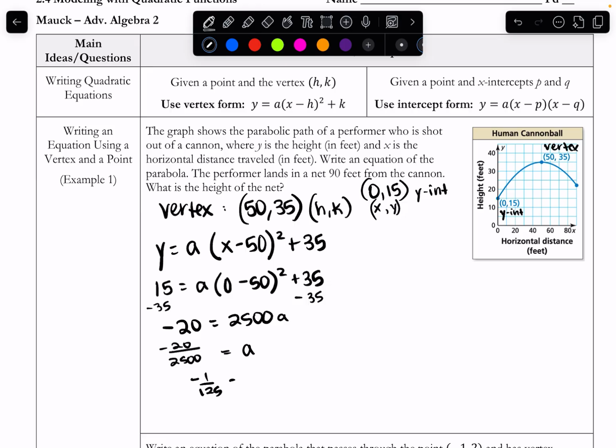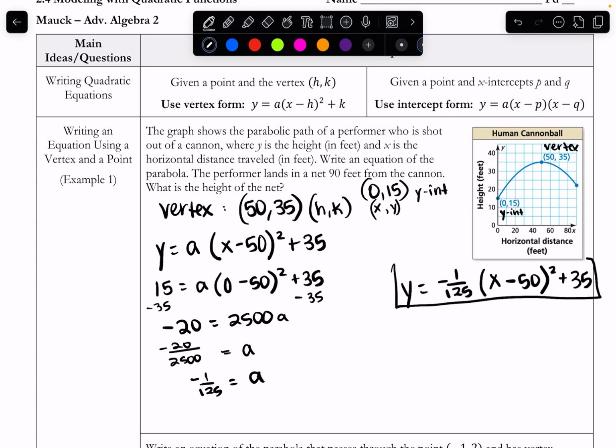I'm going to leave that as the fraction, negative 1 over 125, and write my equation here with that fraction. You could also write it as a decimal, but we kind of talked about a being a whole number versus a fraction, so that's why I'm leaving it. Okay, that is the equation for the graph above.